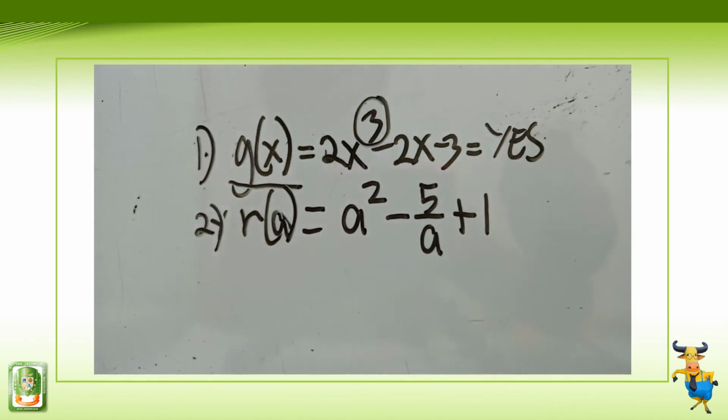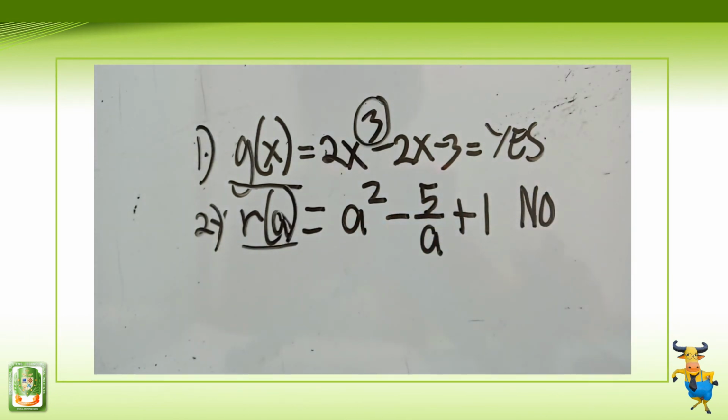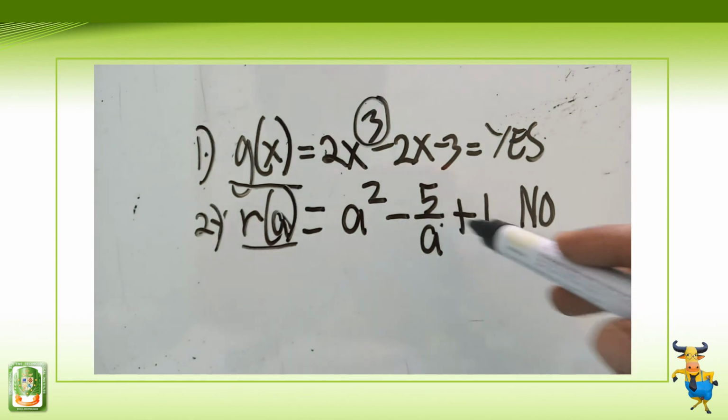Yes or no? No. Bakit hindi po siya example ng polynomial function? That r sub a is not a polynomial function because it consists of a term that has a positive exponent in the variable in the denominator.